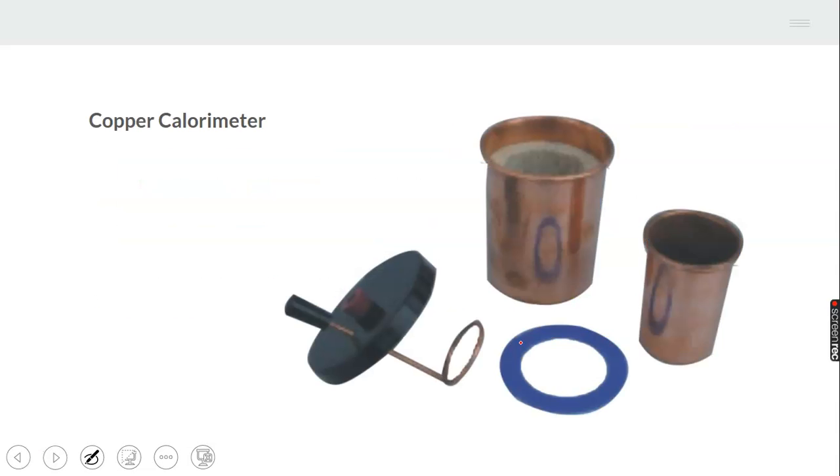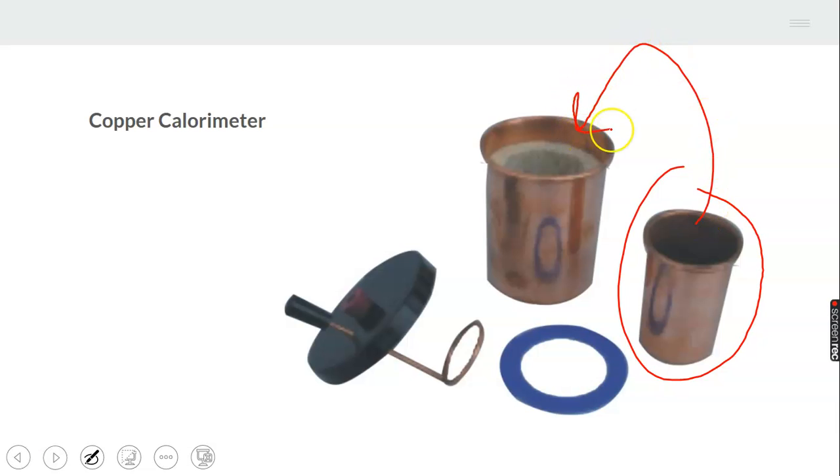Now, this is a copper calorimeter. This is the smaller vessel that is put inside the bigger vessel. You can see inside there's a white material, and that is the felt. It's in between so that it will help to prevent heat loss.